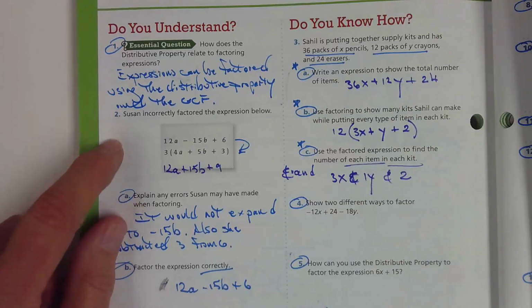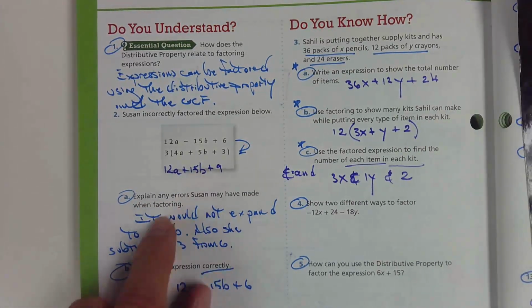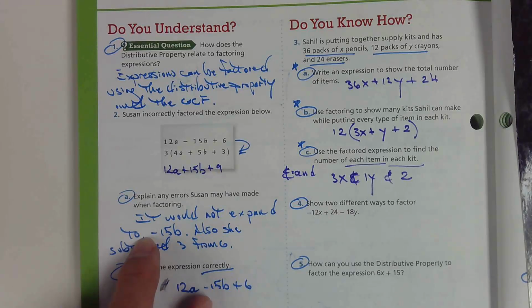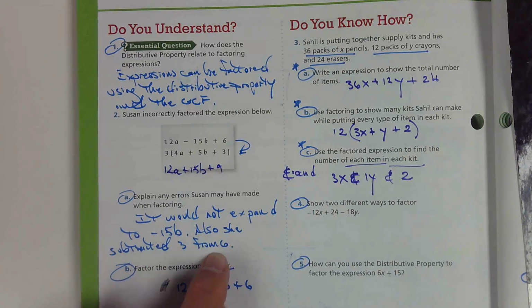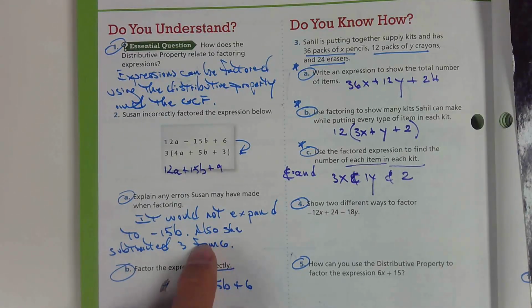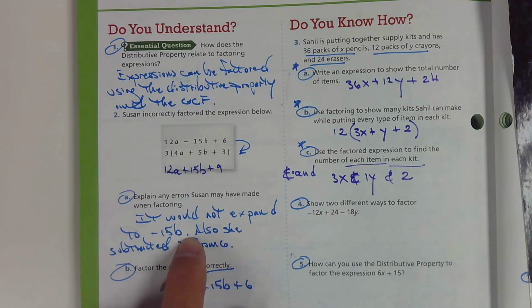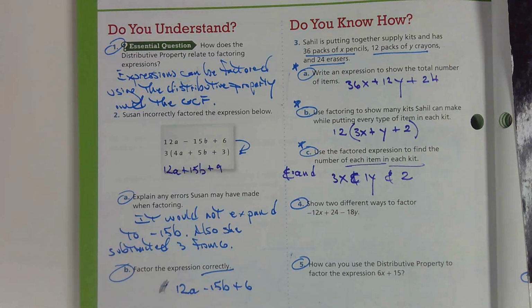And then down below 2a, it says explain any errors Susan may have made. It would not expand to a negative 15b. Also, she subtracted 3 from 6. Those are the errors that she made.